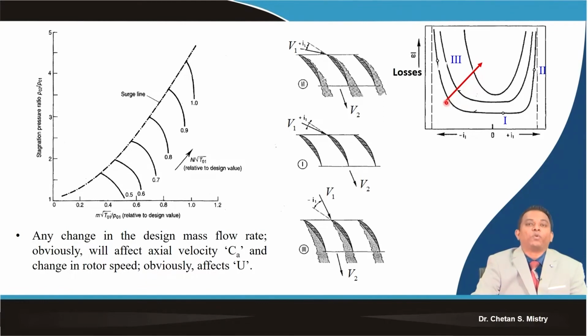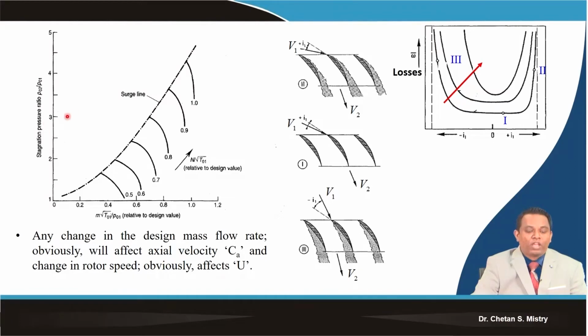So here if you look, this is representing my performance map for an axial flow compressor. Here this is representing my non-dimensional speed, we can say 70%, 80%, 100%. This is particularly representing my surge line, and along the axis we have mass flow rate in non-dimensional form, and this is representing my pressure ratio.